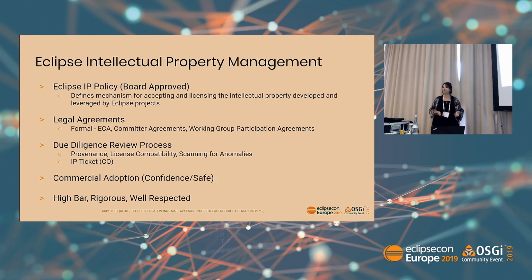How do we resolve it? Does it require some housekeeping? Is it something a little more serious, and so on? The way the community interacts with us on that is by entering an IP ticket, but we refer to them as contribution questionnaires. So you'll see me throughout this presentation refer to a CQ. It's just asking the IP team to engage on an IP request.